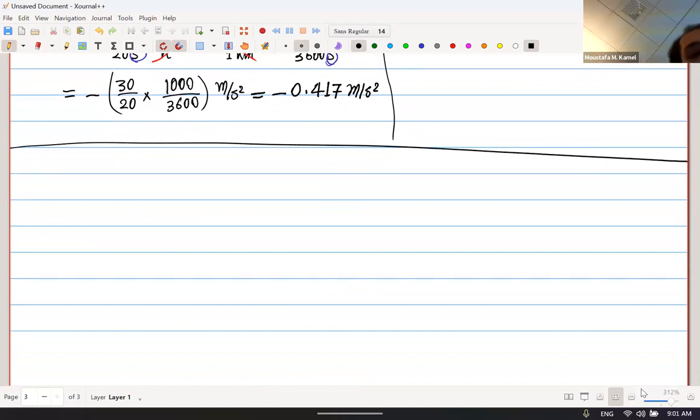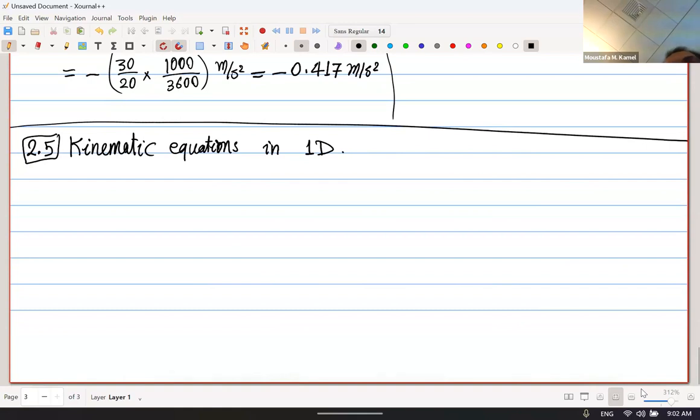So section 2.5. Kinematic equations in one dimension. Okay.